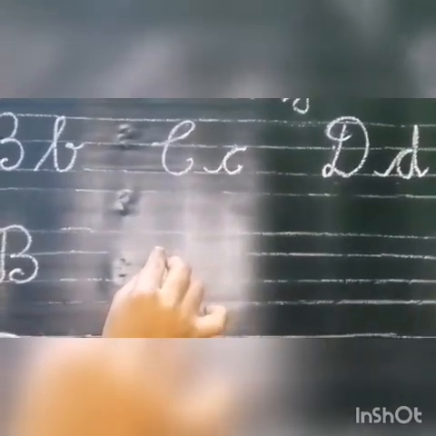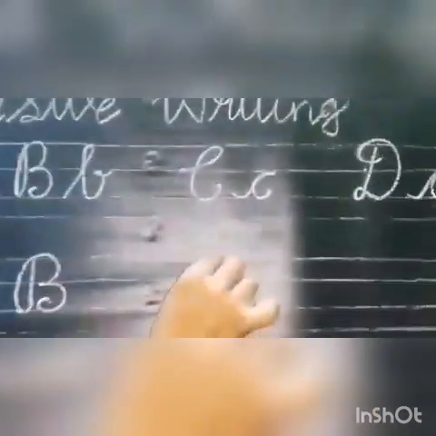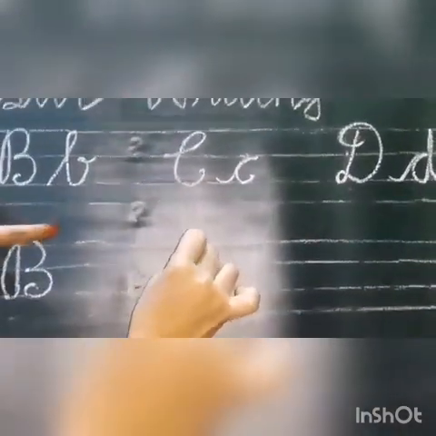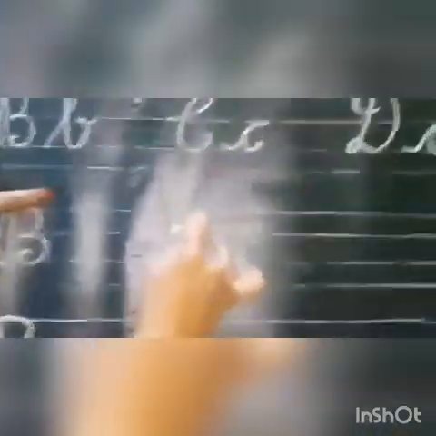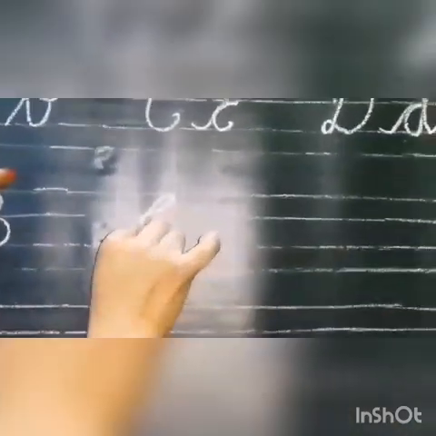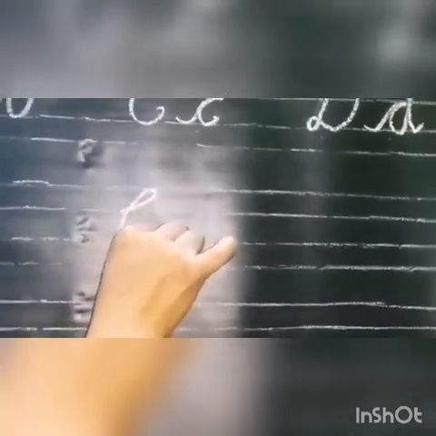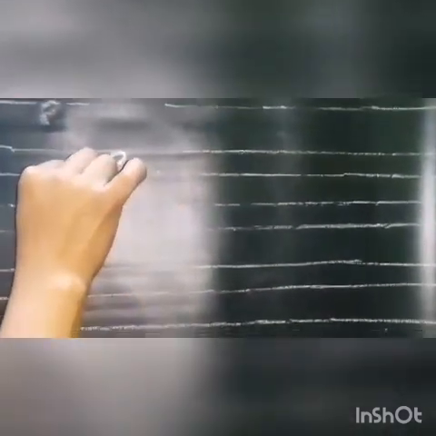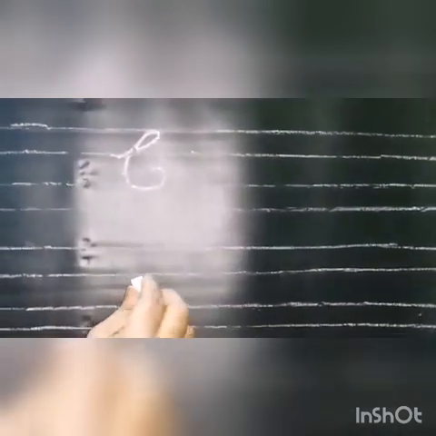You touch the second line to make a small curve and touch the first line. Then come down to the third line. We get C.